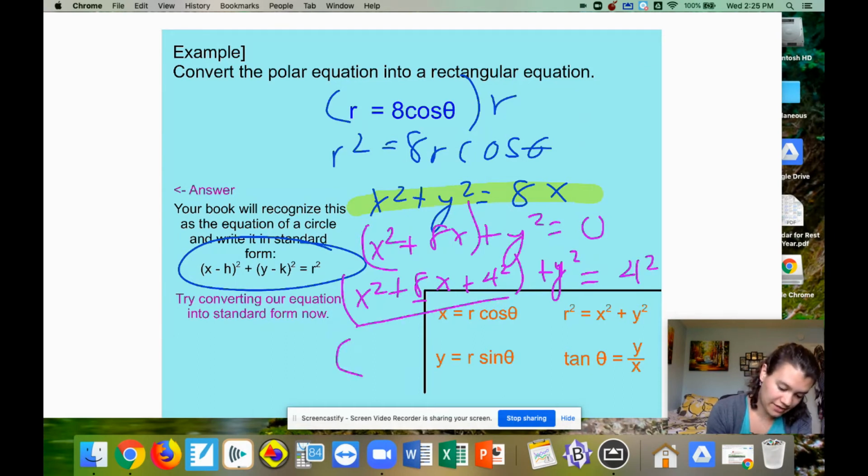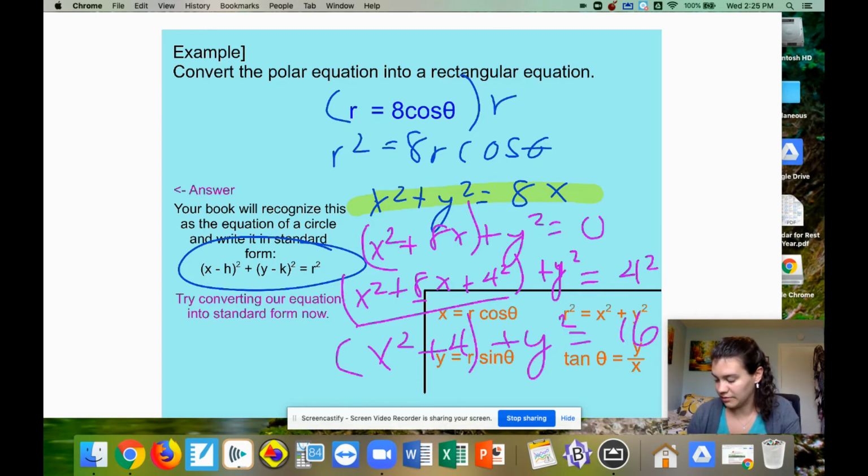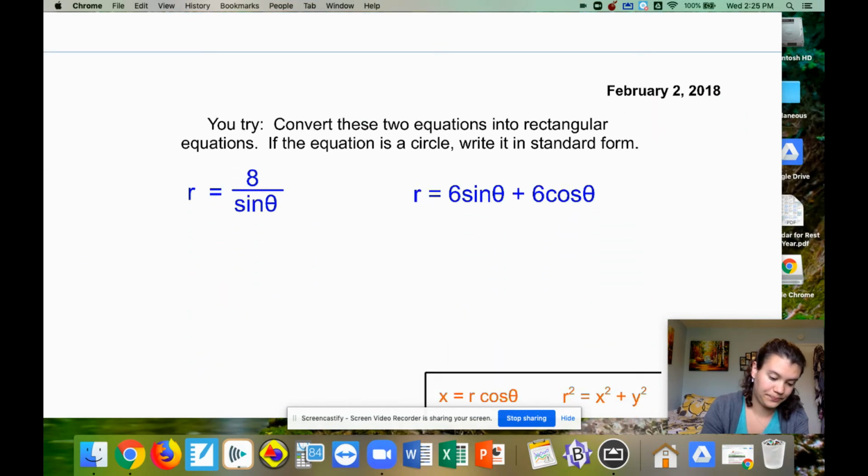This is then going to factor to x plus 4 squared, and then you have your y squared, and we get 16. And that is your completing the square function. Except I noticed this should be negative all the way through because I subtracted the 8x over. But otherwise, same idea. But again, you can stop at the blue and leave it there.